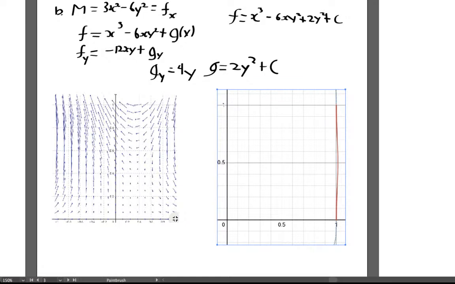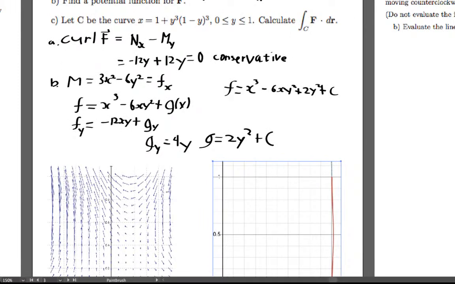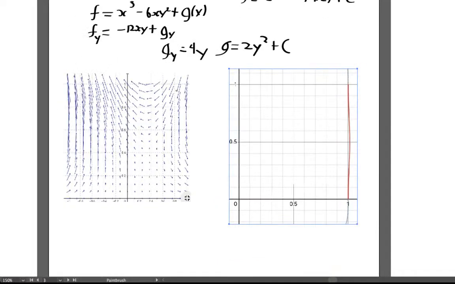The one on the right is the function that we want to calculate here, which is the curve C.